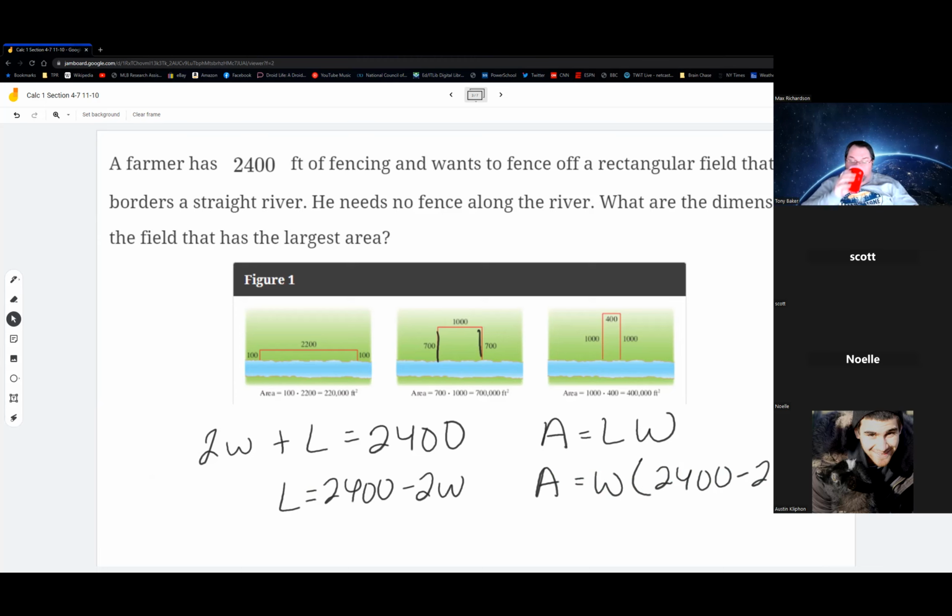So the next thing we have to look at, what's my domain restriction? What's the smallest width I can have? And what's the biggest width I can have? So the smallest width I could have would be 0.